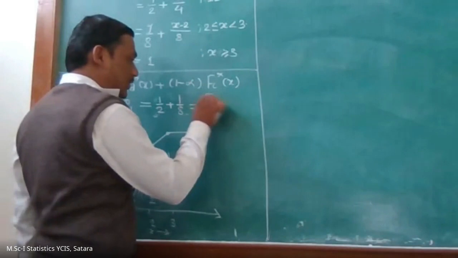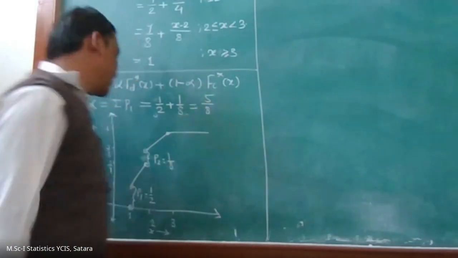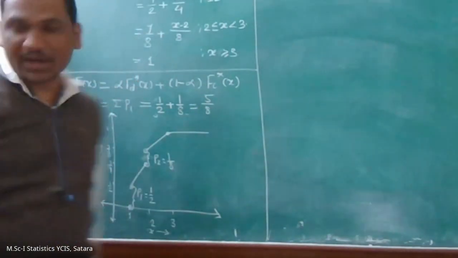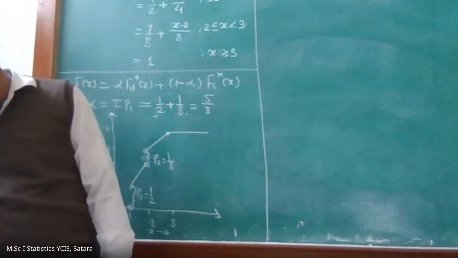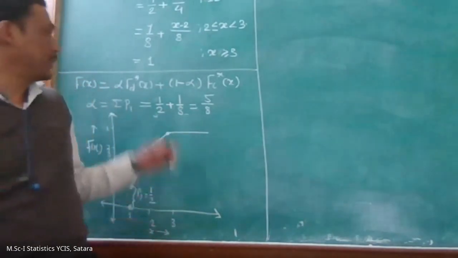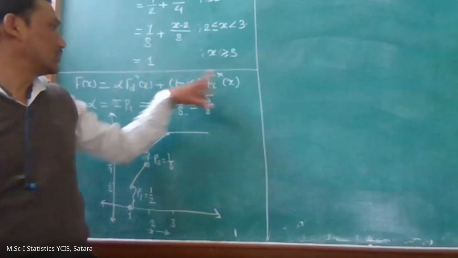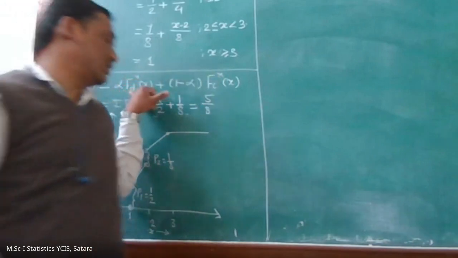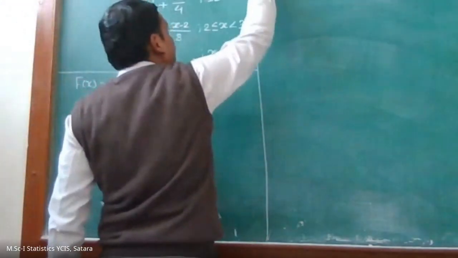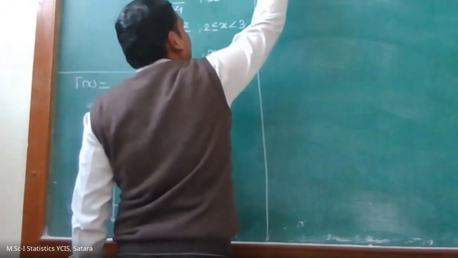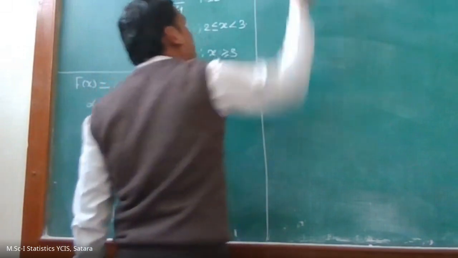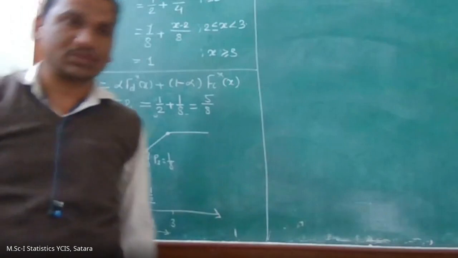Then here we have to obtain F_d star of x. How to obtain F_d star of x?